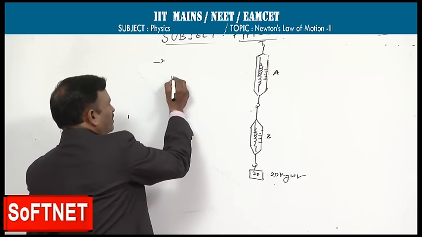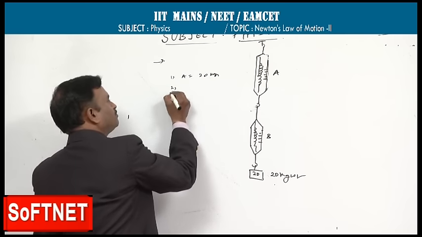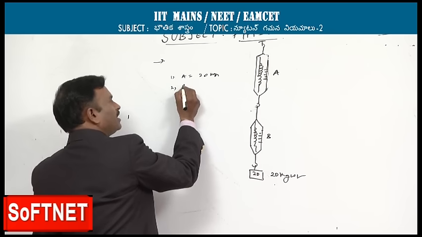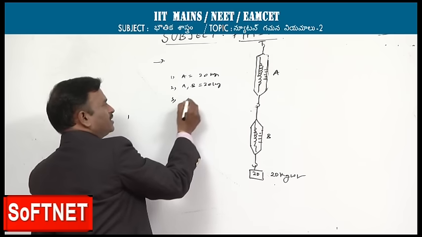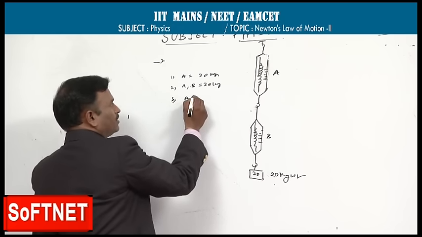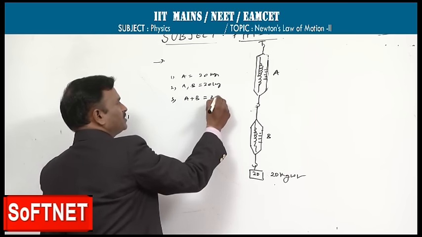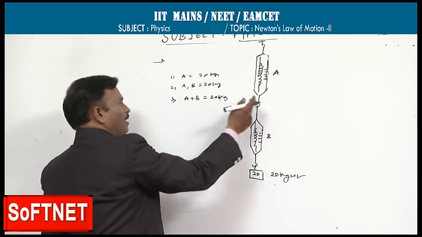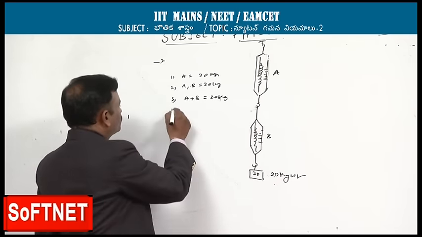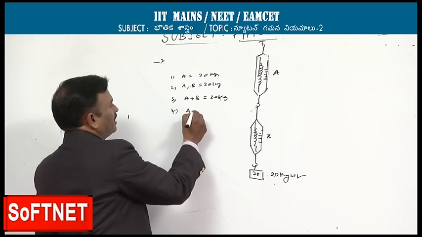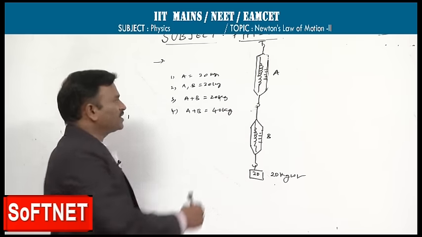The options are: first, reading A is 20 kg; second, readings A and B are both 20 kg; third, reading of A plus reading of B gives 20 kg; and fourth, A plus B gives 40 kg. So which is the correct one?